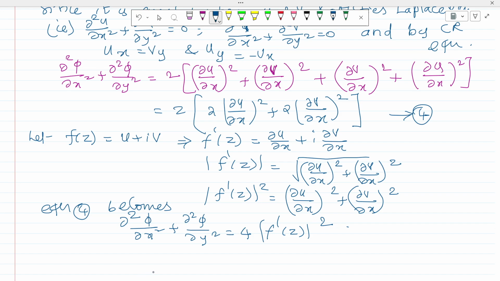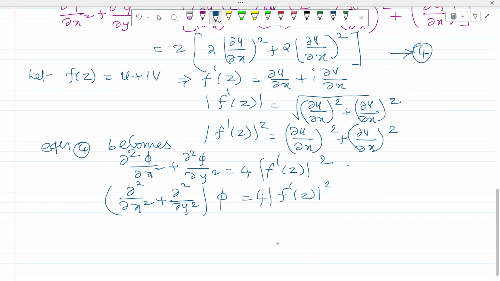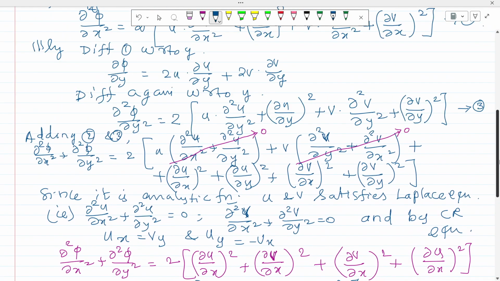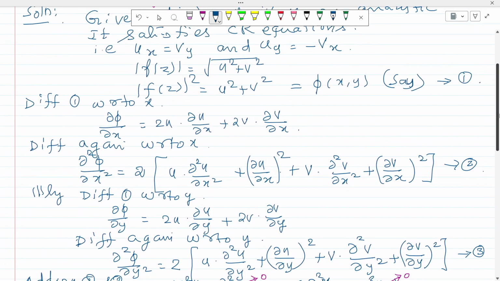So therefore finally we can write, taking φ outside, (∂²/∂x² + ∂²/∂y²)φ = 4|f'(z)|². But what is φ here? In the beginning we had taken φ = |f(z)|².